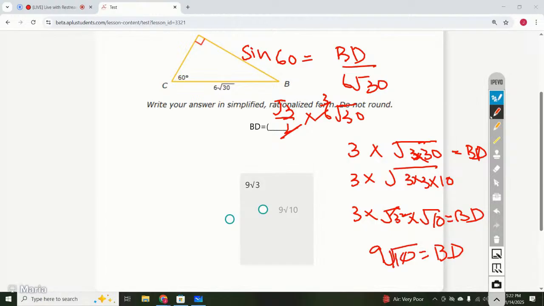Basically, we're going to calculate the value of BD, right? So BD is the missing side length. We can use the sine 60. Sine 60 is equal to BD divided by 6 square root 30. So sine 60 is equal to square root 3 by 2 times 6 square root 30.